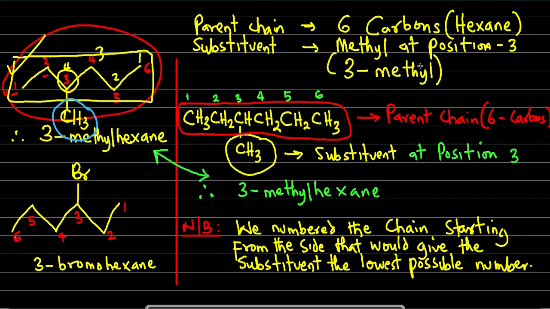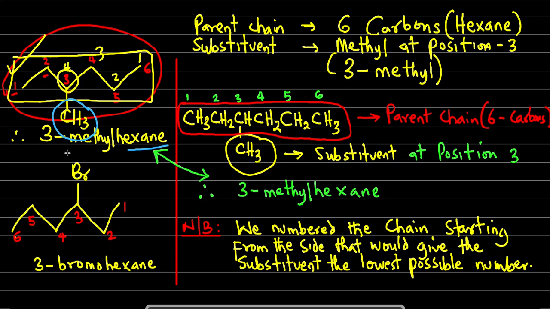If you could recall, at the beginning part of this class, I gave us a list of the first 12 straight chain alkanes. Remember I told us that if you do not understand that, you find it difficult to name branched chains. So this simply means that on a 6 carbon chain, there is a substituent at position number 3. Anybody that sees the name of this compound would be able to interpret it to the structure, which means the parent name is hexane, which is 6 carbon atoms, but on these 6 carbon atoms, I have methyl at position number 3.